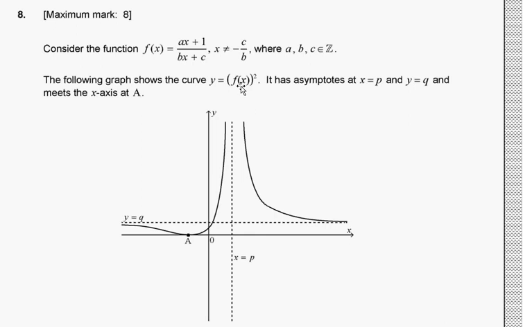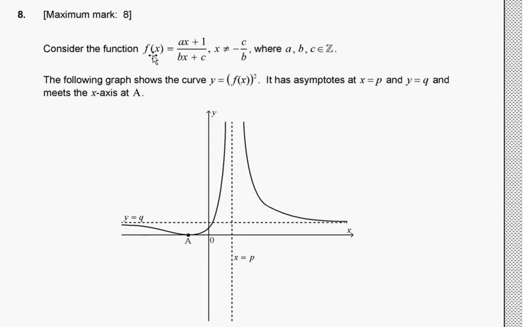If we have asymptotes, y asymptote equals q, then this function will have asymptote at square root of q, or minus square root of q.